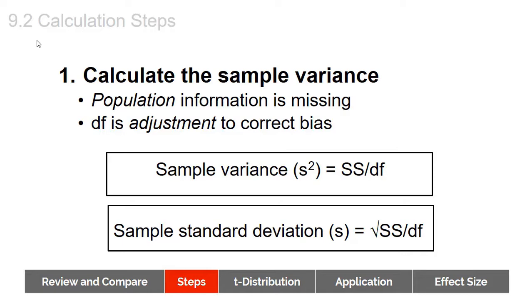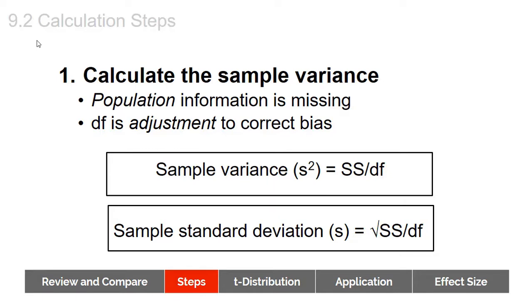In the population, there are more scores, so there's going to be more spread. Samples tend to have less variance. Therefore, if we just take our sample variance and think that it's representative of the population, we're going to be wrong because the sample variance underestimates the population variance.